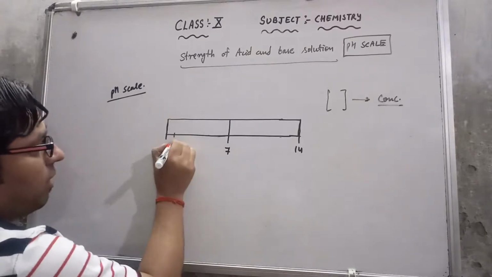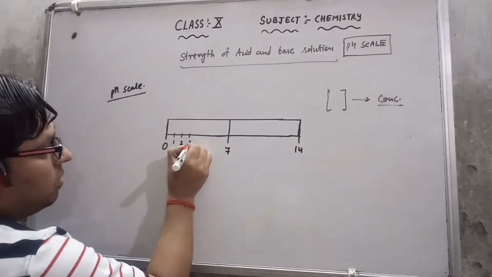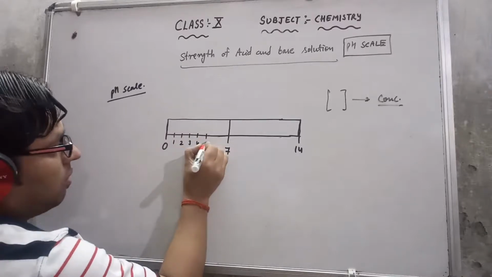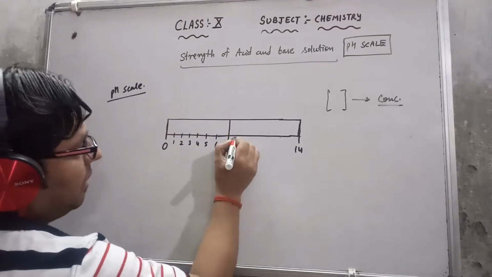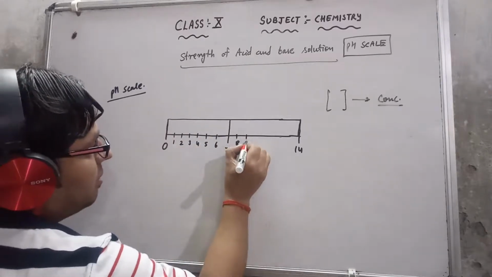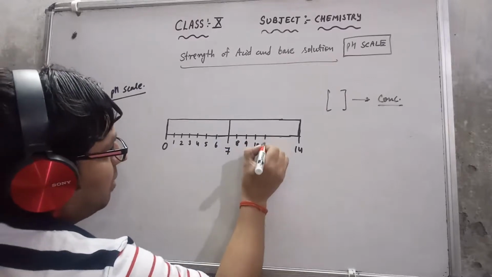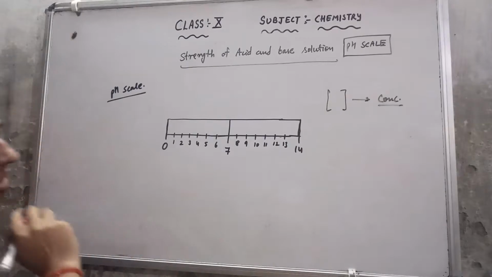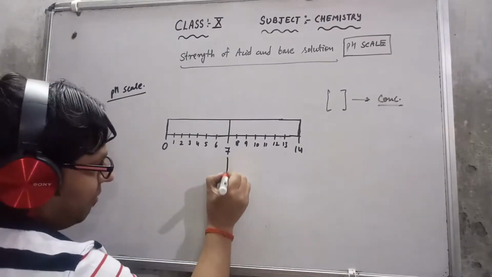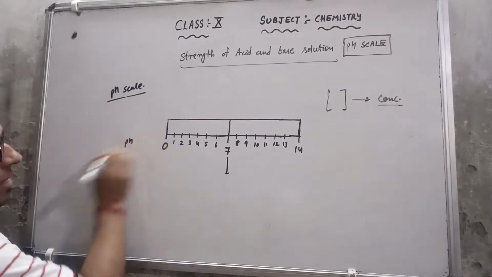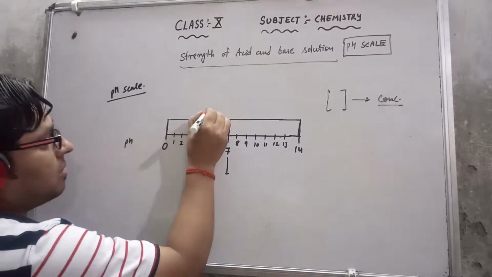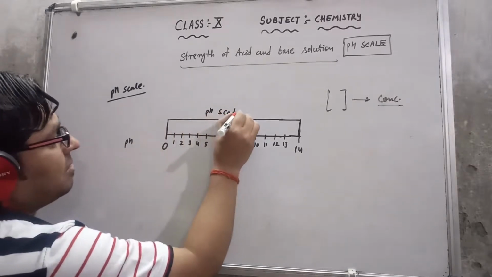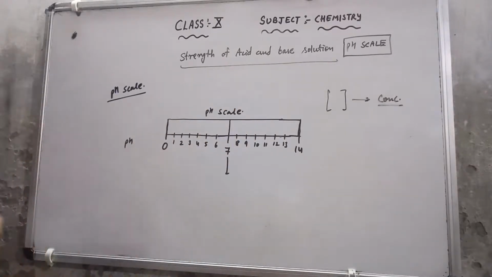So this is 1, 2, 3, 4, 5, 6, 7, 8, 9, 10, 11, 12, 13 and 14. This is the pH scale, which will indicate the acidic and basic nature.